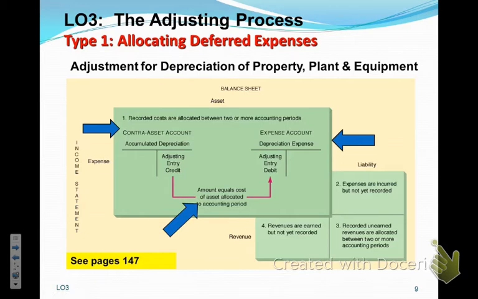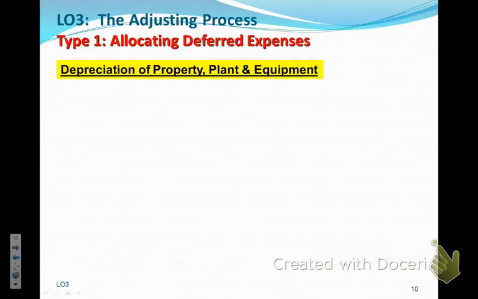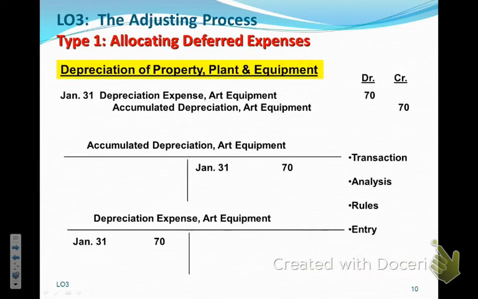So let's look at what this is going to look like from a journal entry perspective. So when we have depreciation of property, plant, and equipment, we're going to debit the depreciation expense to recognize the expense, and then we're going to credit the accumulated depreciation of the art equipment in this case.